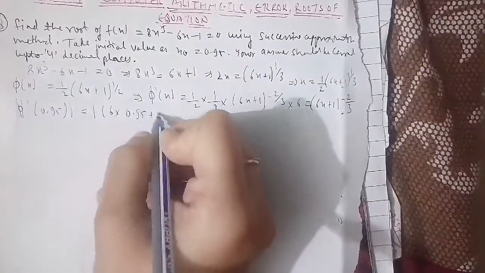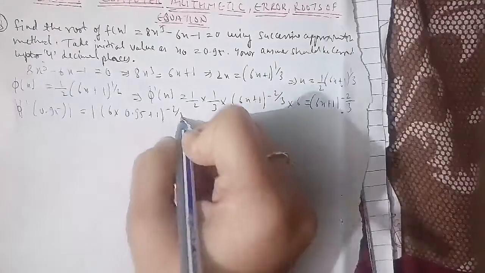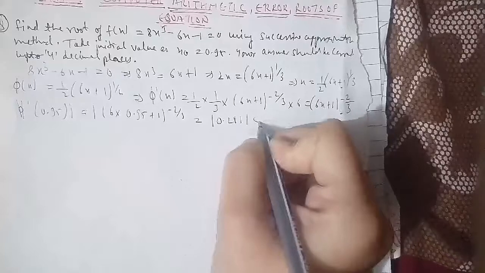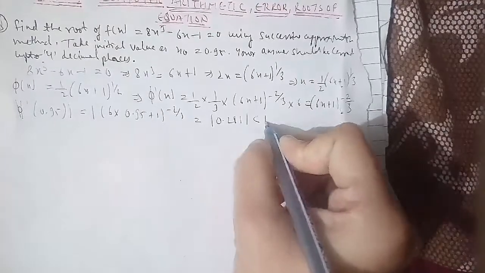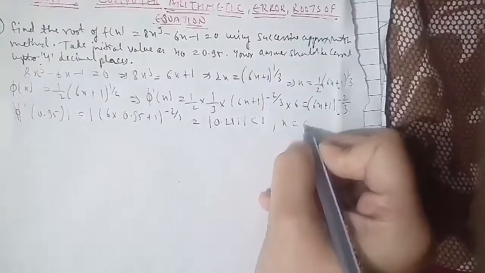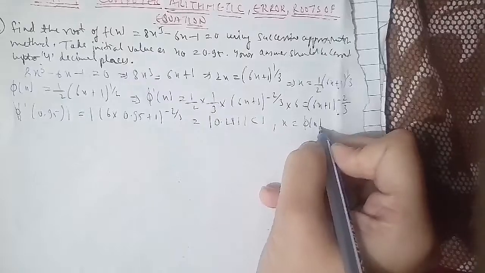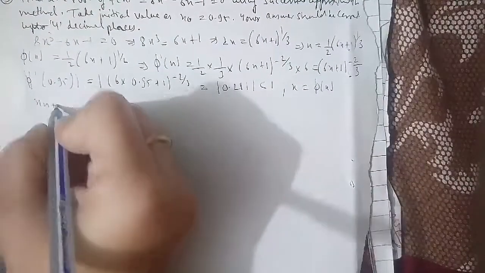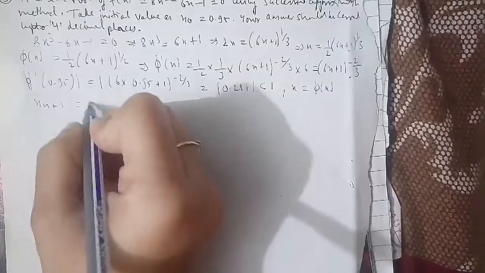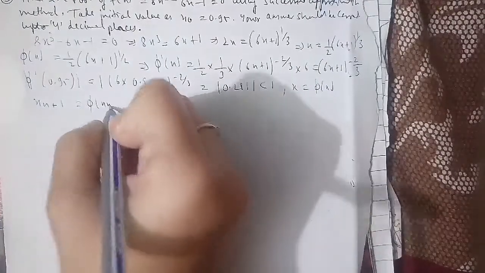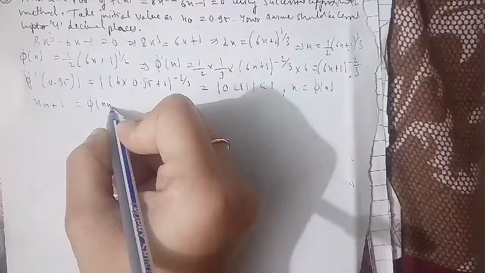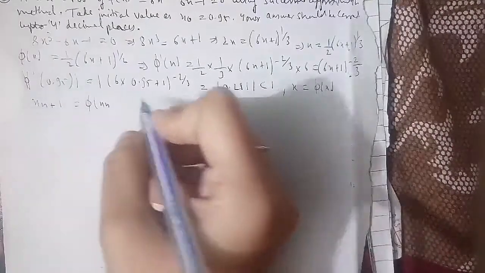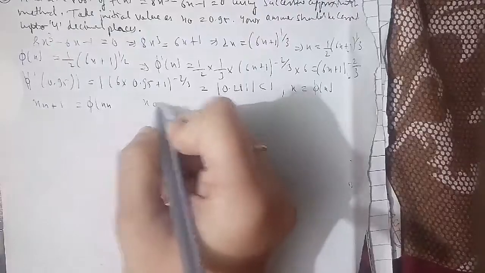So x = φ(x), and on the same case x(n+1) = φ(xn), where we take x0 = 0.95. With the formula x(n+1) = φ(xn), we go ahead for x1.